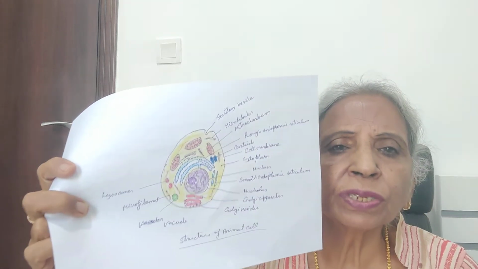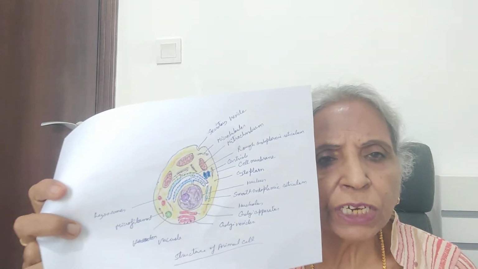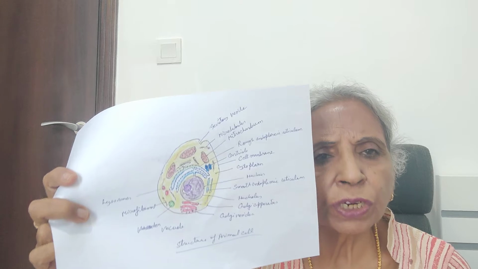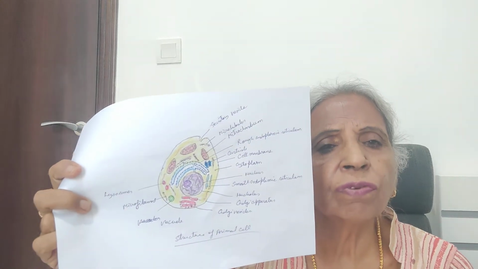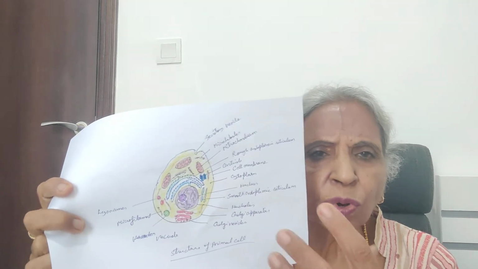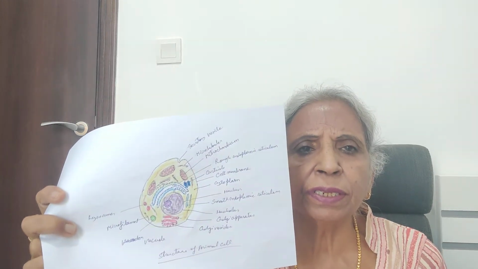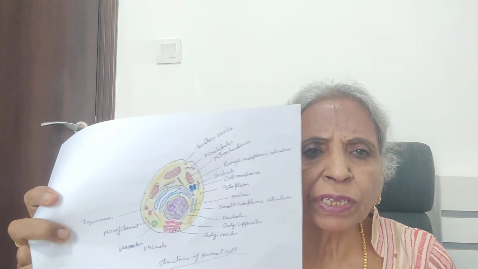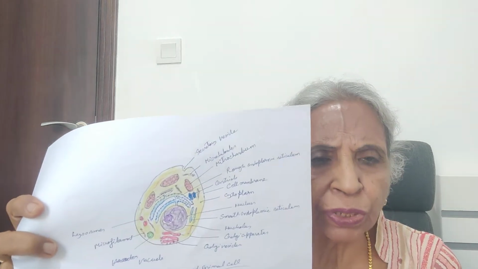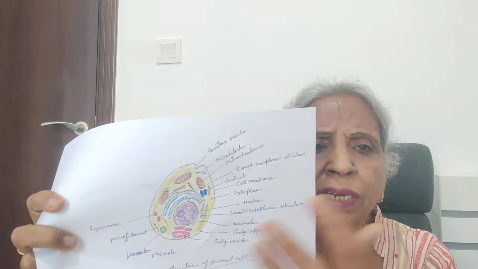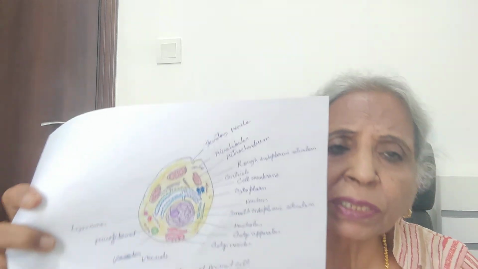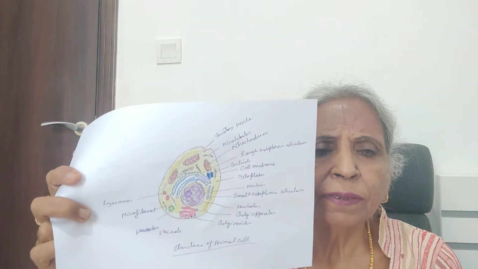Their function is to synthesize lipids, especially phospholipids, which contribute to the formation of membranes. So overall, the function of endoplasmic reticulum is to synthesize proteins and lipids, to modify them, and to transport them inside the cell, where these substances are needed.